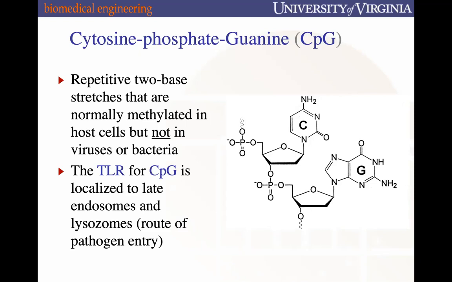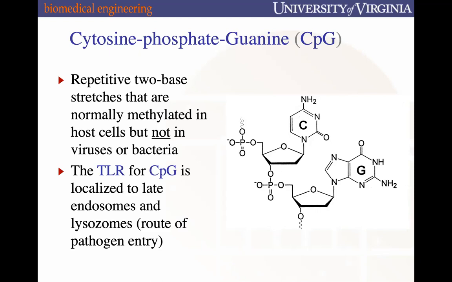But the important thing to know here is, again, asterisk, our CpG islands are methylated, whereas bacterial CpG islands are not methylated. And so TLR9 recognizes unmethylated CpG islands. These are just repetitive stretches of cytosine and guanine that are next to each other. It's just a normal part of biology where sometimes they're present, sometimes they're not.